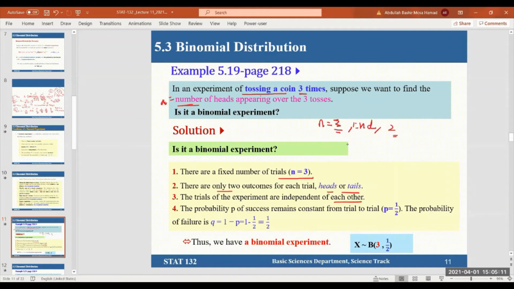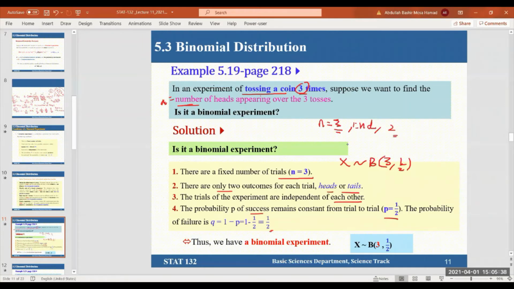The probability of success, which is getting heads, remains the same. It is half, half, half. So this is a binomial distribution, and we write X distributed binomial with n and p. Here n is 3, p is half.